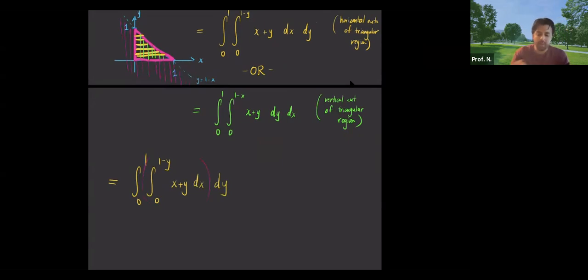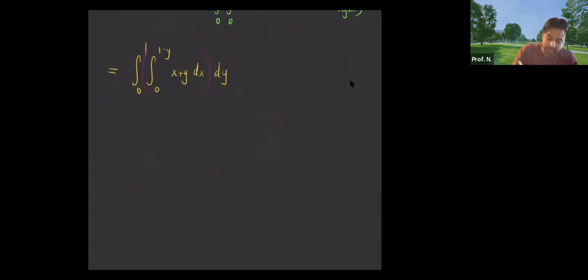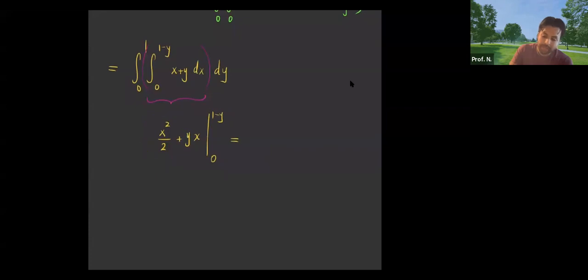So then how do we integrate this? Well, what is this going to look like with respect to x? This is x squared over 2 plus yx, because y is considered as a constant in the integral with respect to x, okay? And then we're evaluating this from 0 to 1 minus y. I think what might help is if I color this and this.